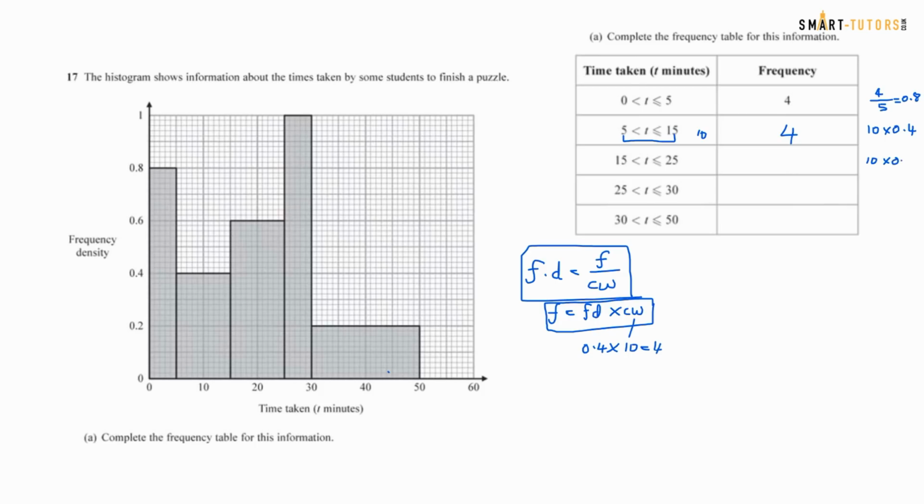Next one, 15 to 25, which is class width is 10 times 0.6, which is 6. 25 to 30, class width is 5, and the bar chart's height is 1, so 1 times 5 is 5. 30 to 50 is 20 as the class width, and the height of the bar chart is 0.2, which is 4. So complete the frequency table for this information. That is the end of question 17A.